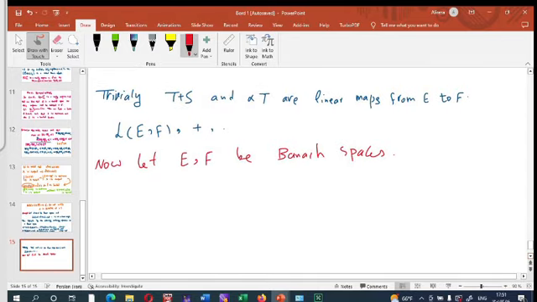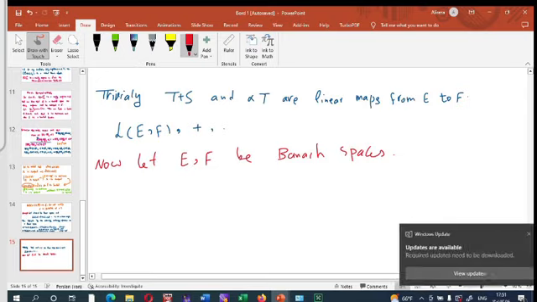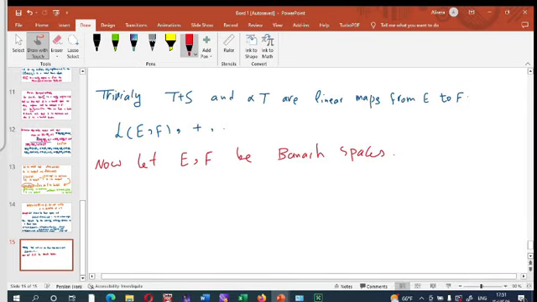We know that a function f from E to F... let me consider a linear map at first.